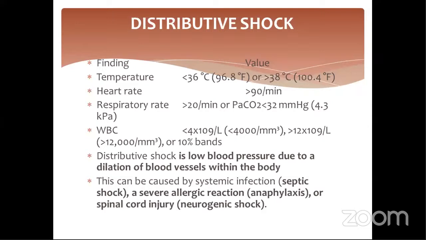This can be caused by systemic infection, that is septic shock, or anaphylaxis, or a spinal cord injury.